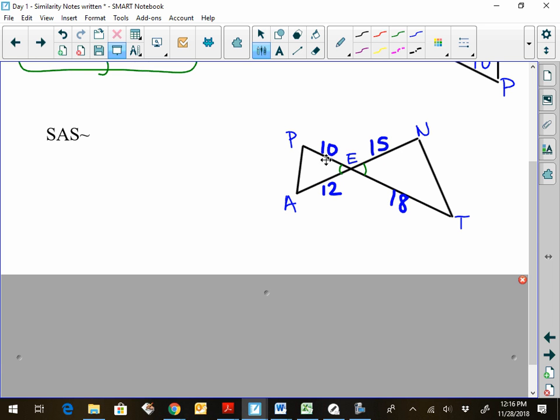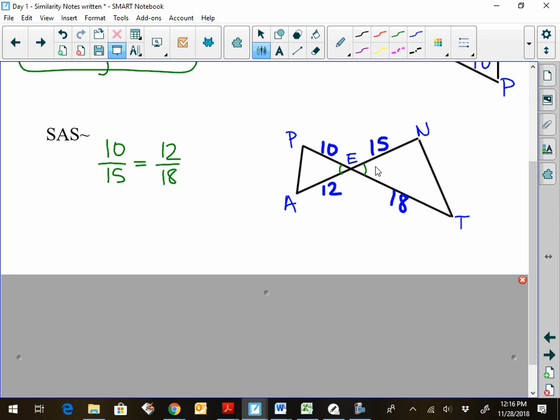So we always do our small and our big together. We compare the 2. So the small side of this triangle is 10. So 10 over the small side of the other triangle is 15. And I'm trying to figure out if those are proportional with the other triangle, or with the larger sides.